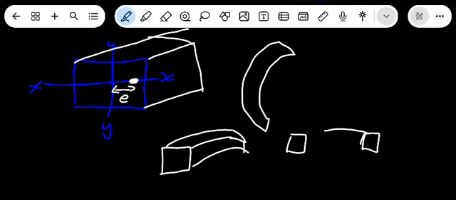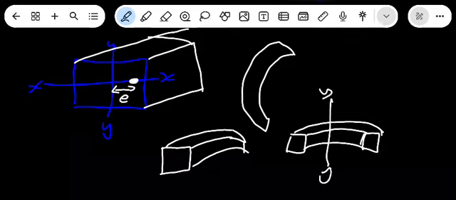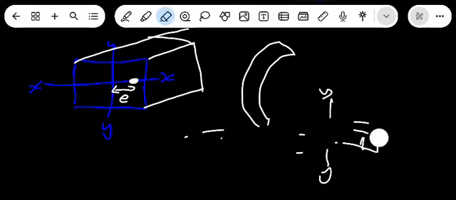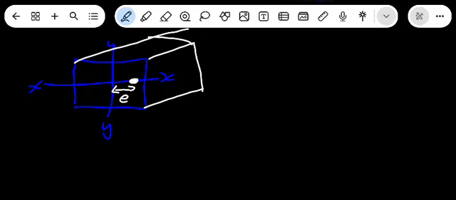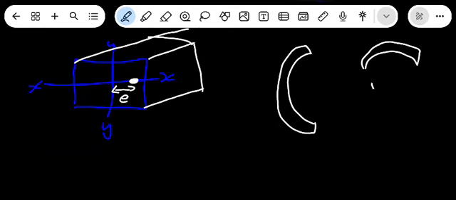The bar will bend in the y-axis like that. As you can see, the bar will simply bend like this, instead of bending like this or like this. So no, it won't bend like that. Now it will bend like this.